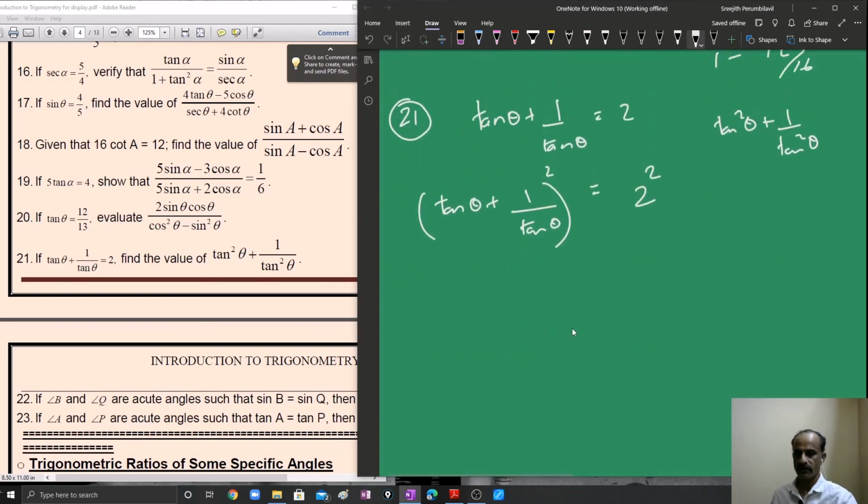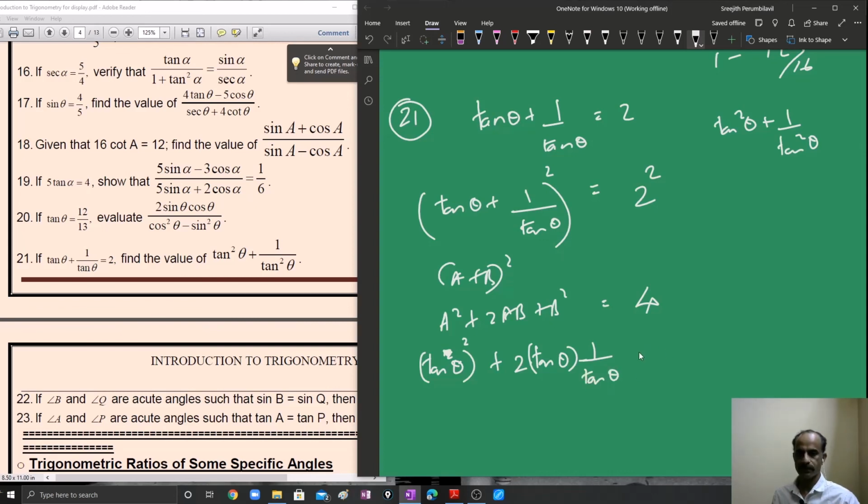Now when you look at it, it is of the form a plus b whole square, which is a square plus 2ab plus b square, equal to 4. What is in place of a? Tan theta. So tan theta whole square plus 2 into tan theta into 1 by tan theta, plus 1 by tan theta whole square is equal to 4.